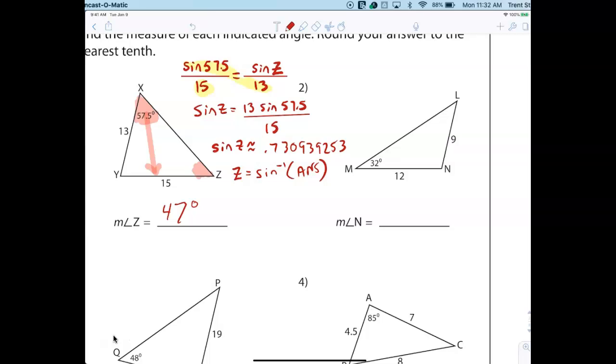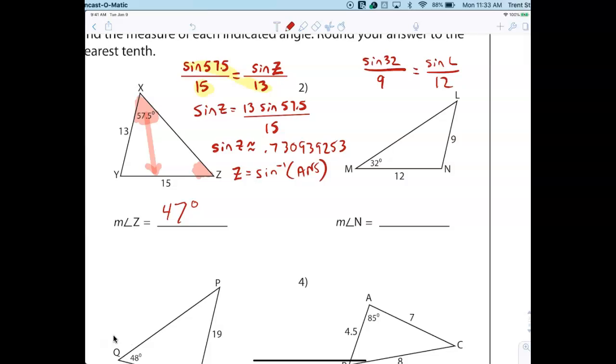Sine of 32 over 9 is equal to the sine of L over 12. Now, why didn't we do the sine of N? We don't know what that side is. Everybody with me? There's no way to do it.